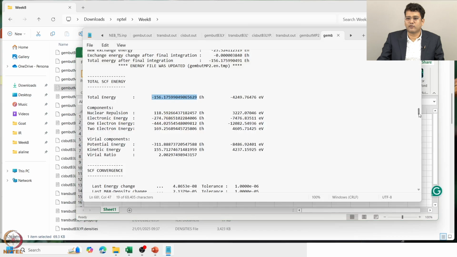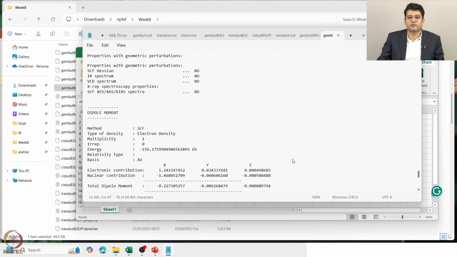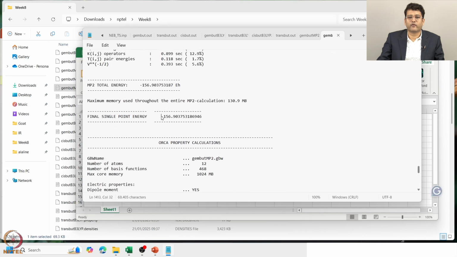The MP2 energy will be at the end. So the final single point energy.